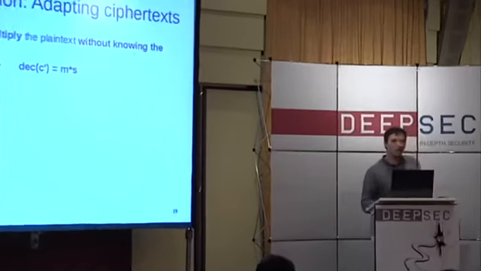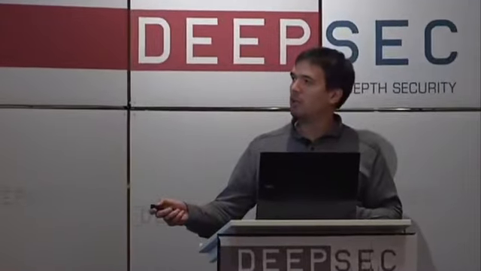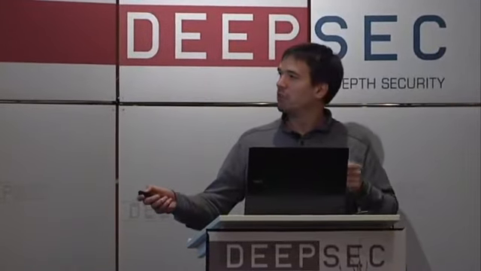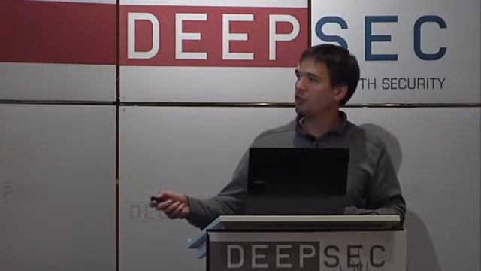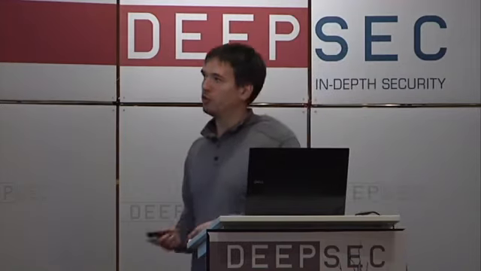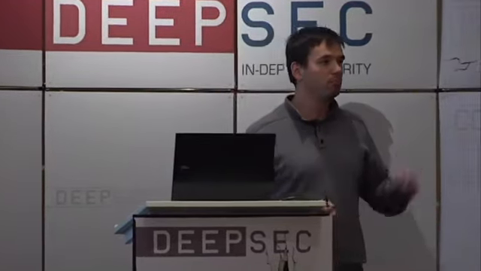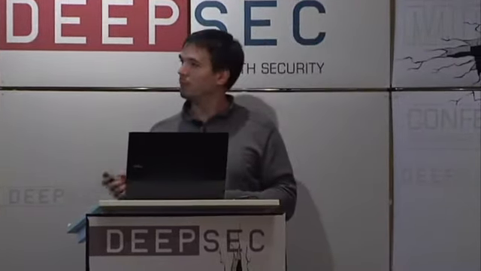So the attacker can take some ciphertext, which should be decrypted to M, but he can construct a different ciphertext, which decrypts to M times S, where S is a value he chose. I'm not going into detail on RSA. If you need more explanation, just grab me over coffee.